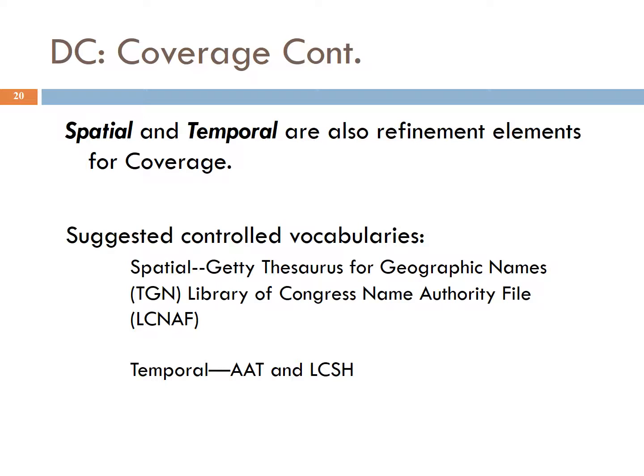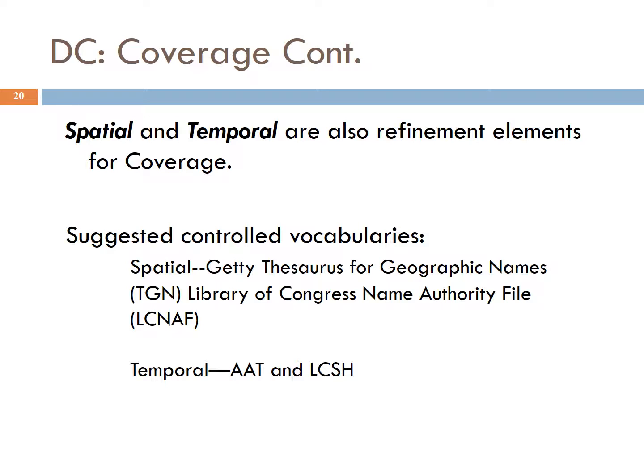If you're using a period, you want to use a controlled vocabulary. LCSH, the subject headings list we looked at last week, would be perfectly appropriate. But you'll also notice that there are other controlled vocabularies that you can use. Certainly, in addition to LCSH, for spatial things, you can use the Getty Thesaurus of Geographic Names.